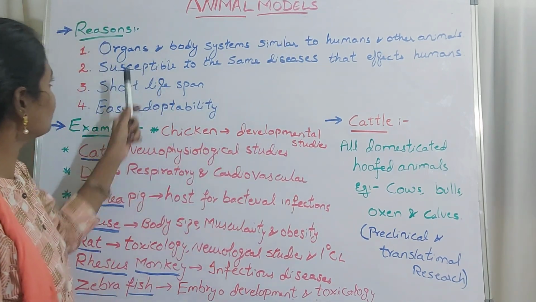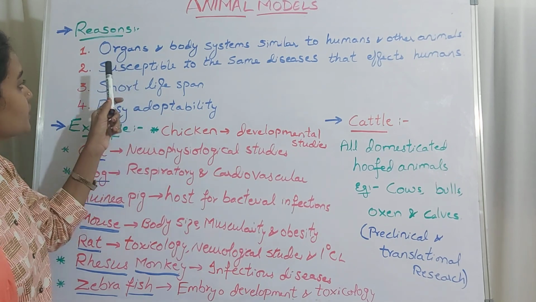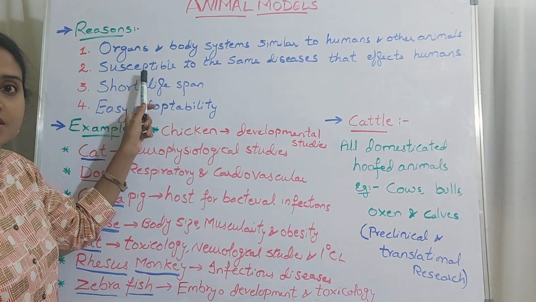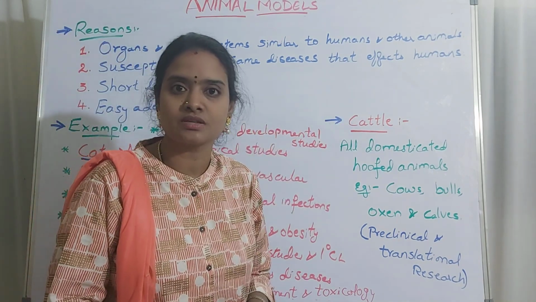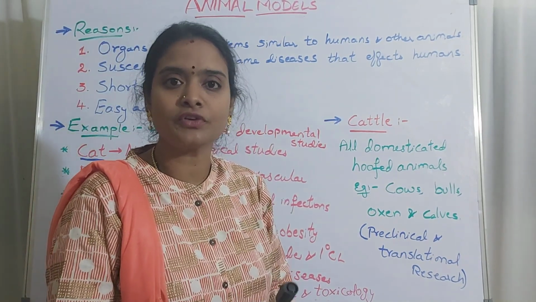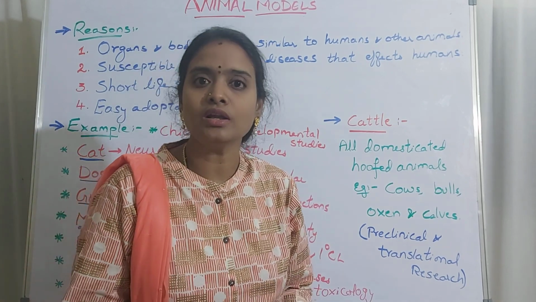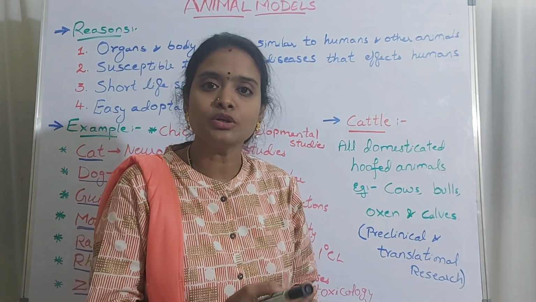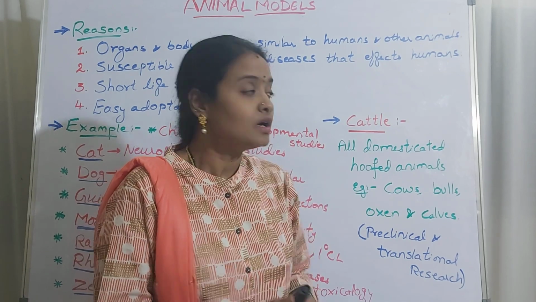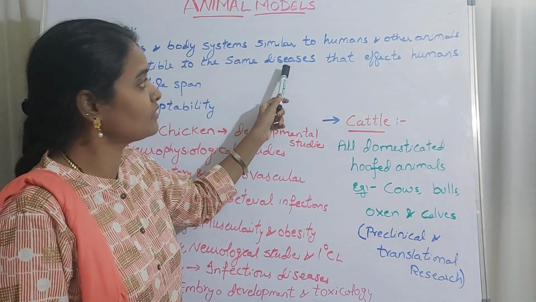And the second reason is that the model animal must be susceptible to the same diseases that affect humans, right? If you are taking any small animal like mice, you have to choose mice because they have the same diseases.